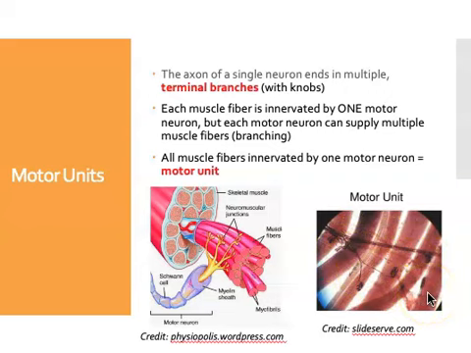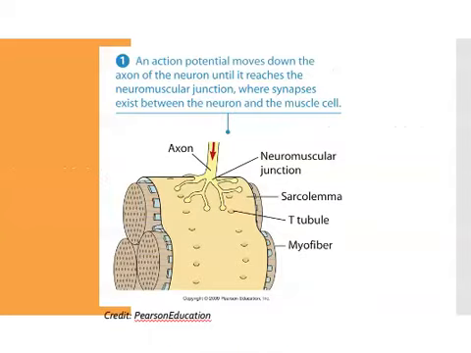And as it branches, it sends a branch to each one of these muscle fibers in the area. And we can't see it at this level of magnification, but where this particular branch, for example, contacts this particular muscle fiber, there are terminal branches down here that we can't see. And those terminal branches are creating that neuromuscular junction. Again, if we go back to this image, here's what we can't see under the microscope.